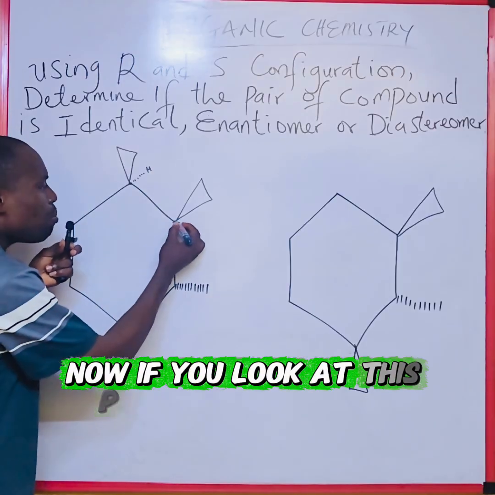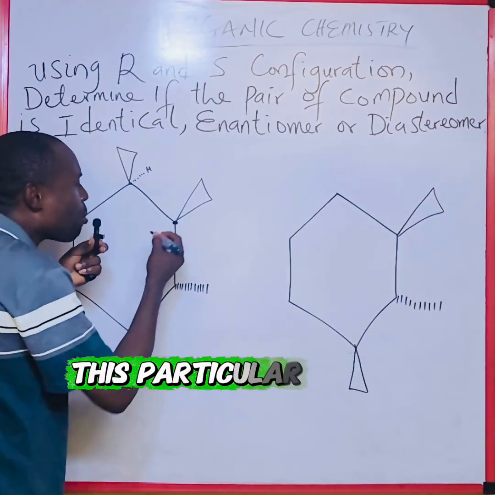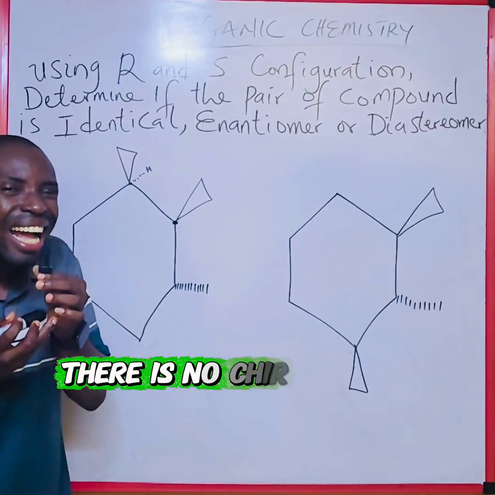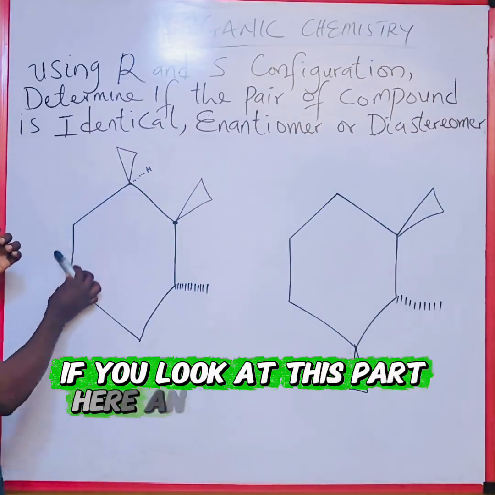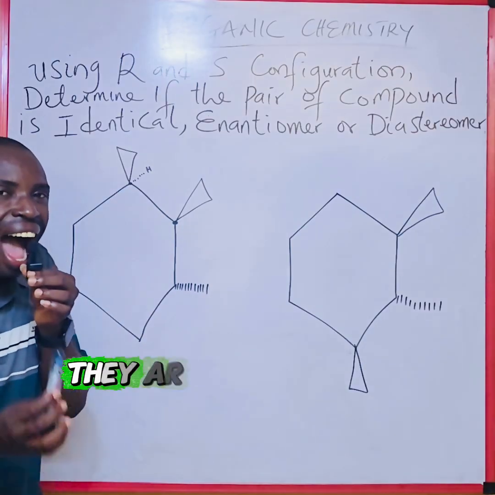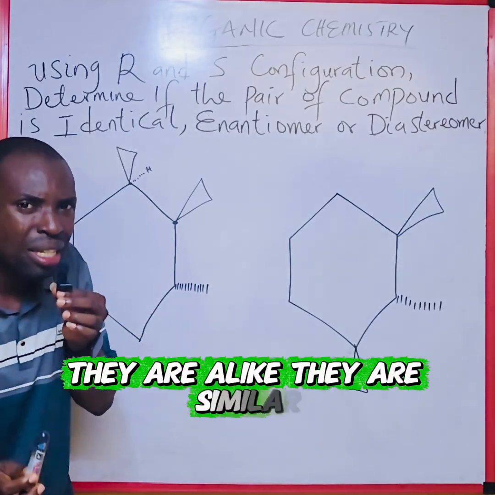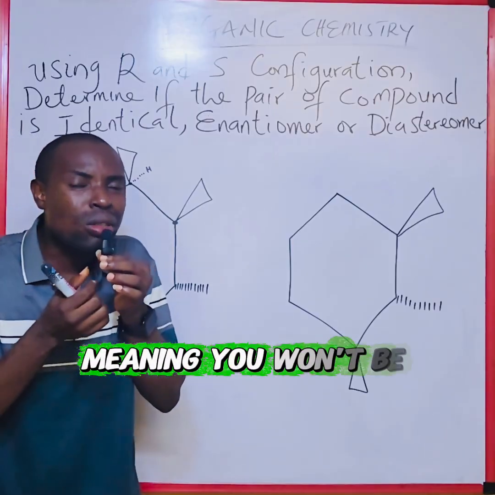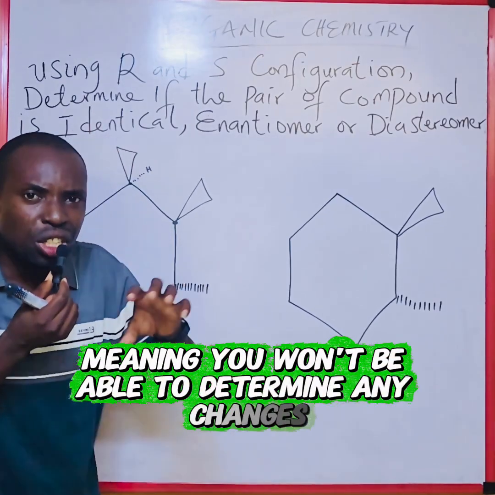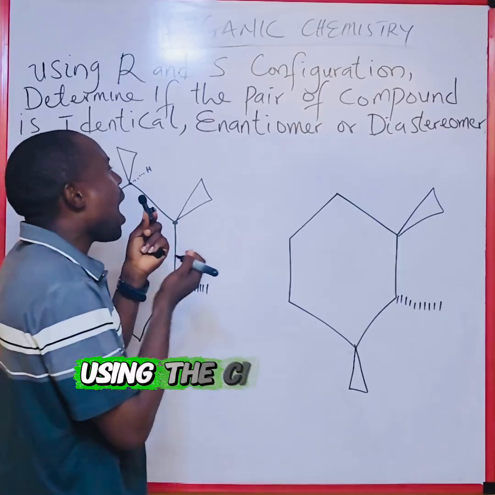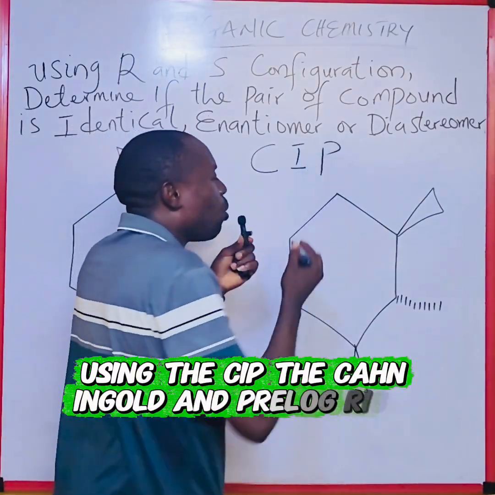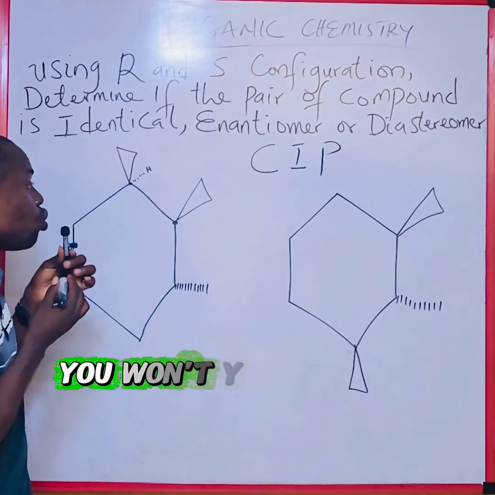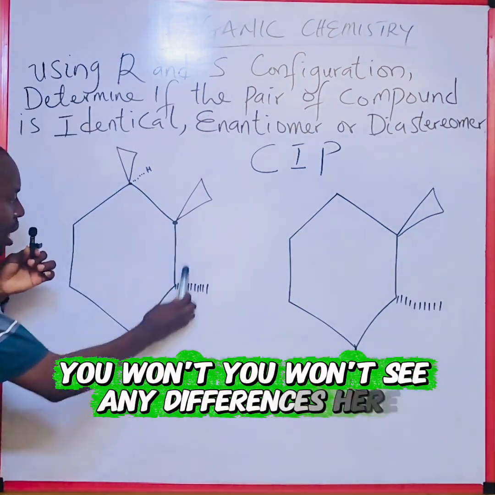Now, if you look at this particular carbon here, there is no chiral carbon here. Why? If you look at this part here and this part here, they are alike, they are similar, meaning you won't be able to determine any changes using the CIP, Cahn, Ingold and Prelog. You won't see any differences here.